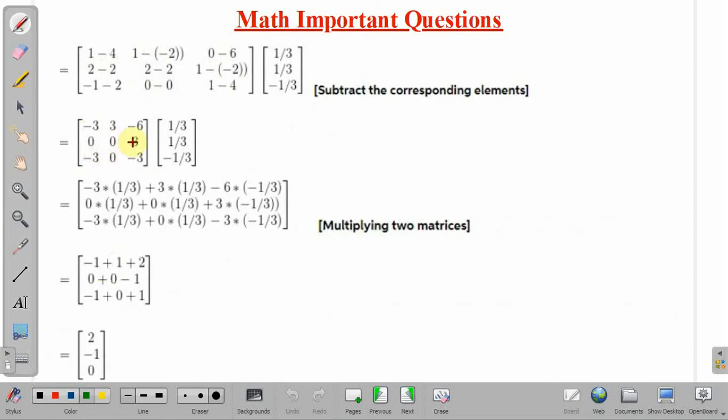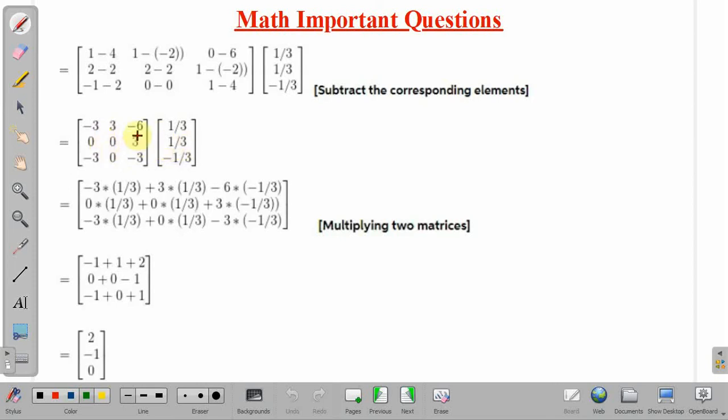Now we have two matrices and we need to multiply them. To perform the multiplication, first we need to check whether they can be multiplied or not. Two matrices can be multiplied if the number of columns in the first matrix is equal to the number of rows in the second matrix.